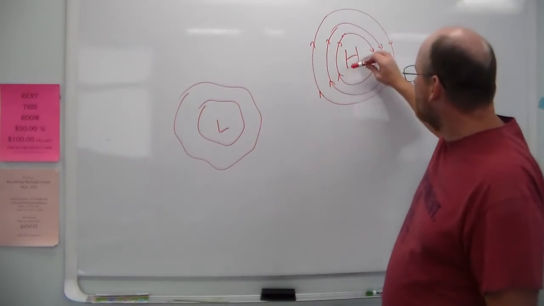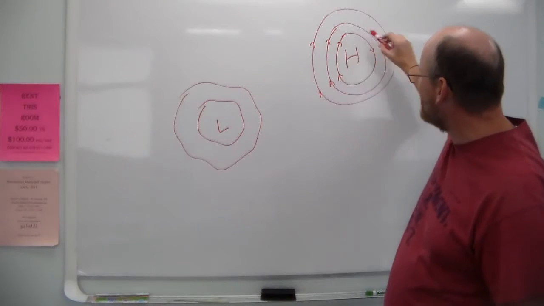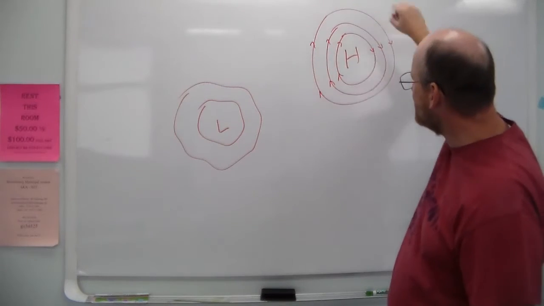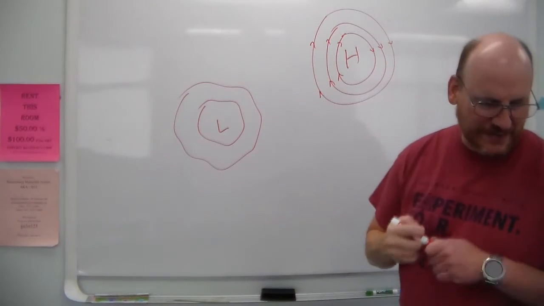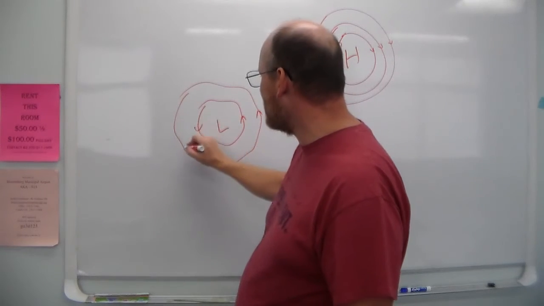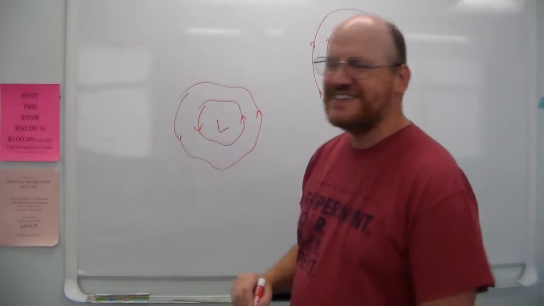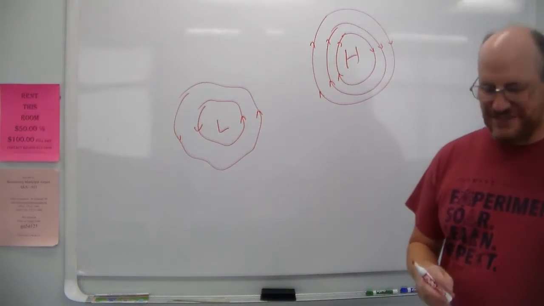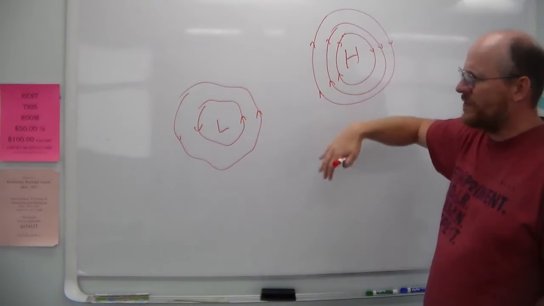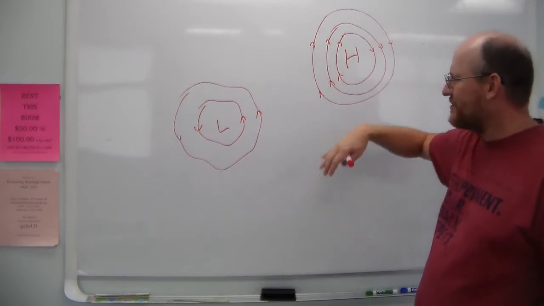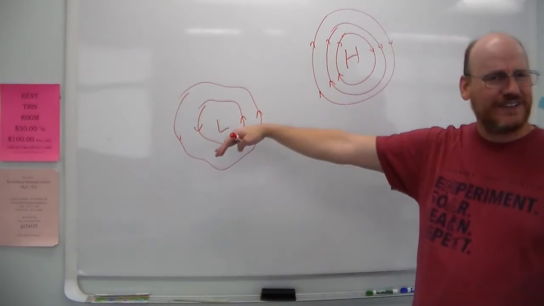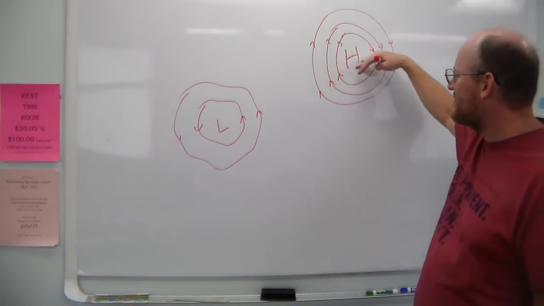So what happens is around high pressure systems, the air starts to circulate clockwise. Around low pressure systems, it's going to circulate counterclockwise, or for the Brits, the anti-clockwise direction. So if you look at the winds aloft, you'll see on the ground again, it's going to go straight from here to here, and then it's going to start to shift.